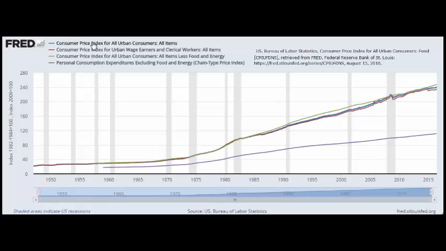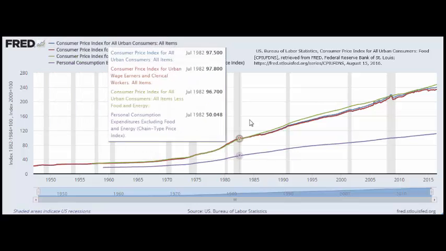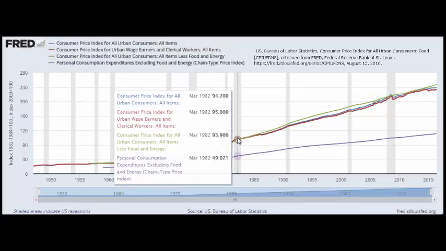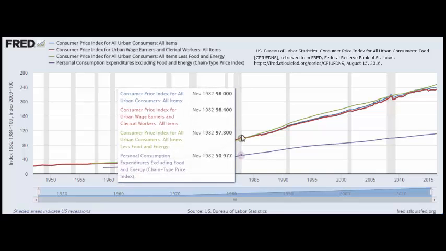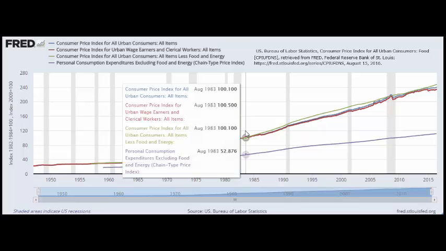Notice here we have the 4 major CPI indexes. Let's look at where the base year is for the top 3. The base year, as you can tell, is right around August of 1983 for the top 3 major indices.